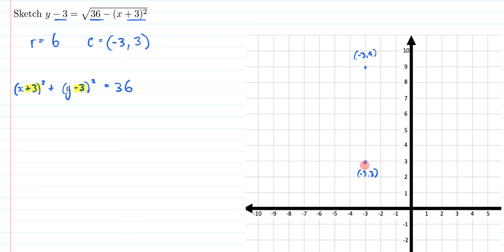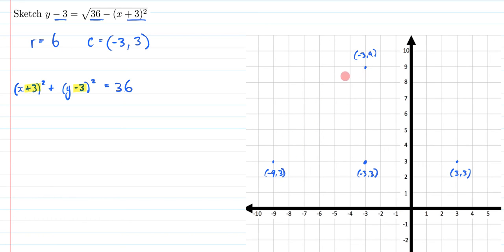Then I'm going to minus 6 in order to go this way. So -3 minus 6 is -9. So it's going to be here, -9 and 3. And then I'm going to plus 6 in order to go this way, which is going to get me to 3. So this will be 3, 3. So 3, 3, -3, 3, -9, 3, and -3, 9.